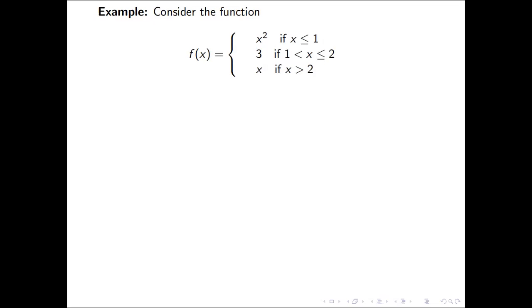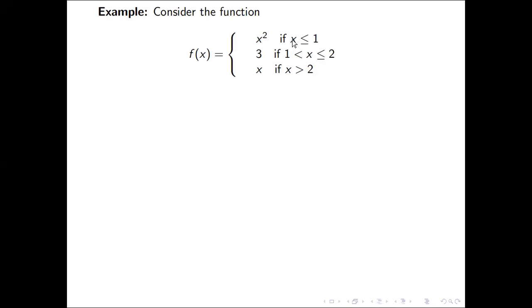Anyone? Okay, what is f of 0? Why is it 0? You said x is less than or equal to 1.